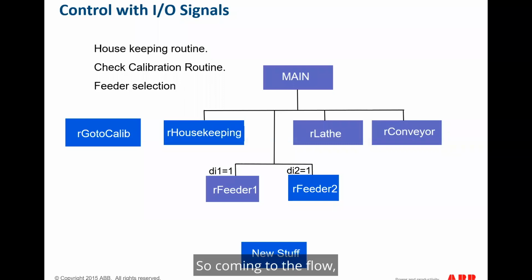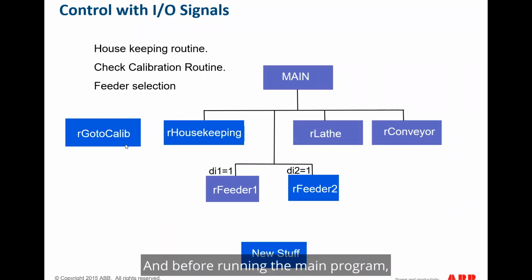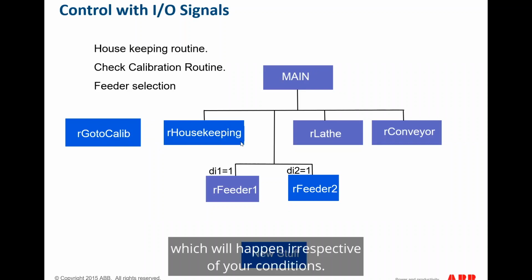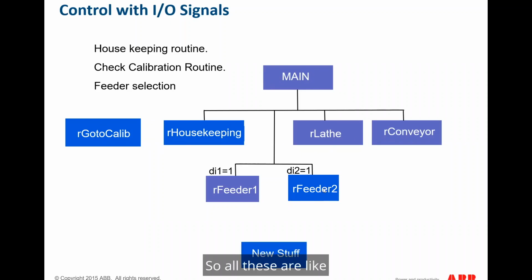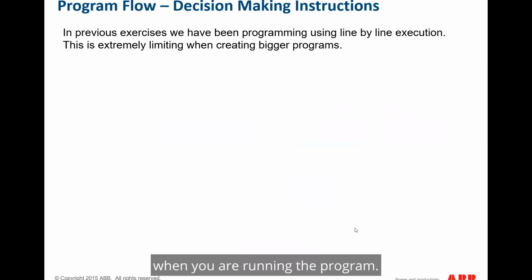Coming to the flow, first we have the main program, and before running the main program, of course, we are going to calibrate it. Then once we have the main program, maybe you have the housekeeping, which will happen irrespective of your conditions. And then you have the lathe and the conveyor. All these are the different routines that you want to call each time you are running the program.